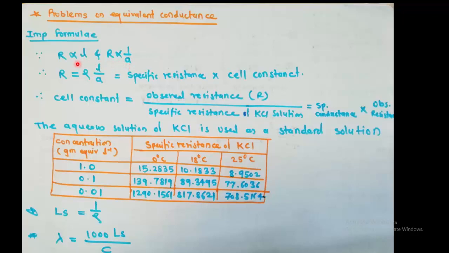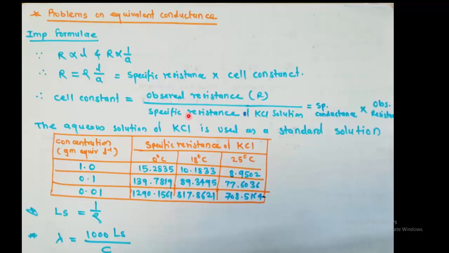If we remove the proportionality sign, then we get resistance is equal to specific resistance into L by A, where L by A is called the cell constant and rho is called the specific resistance. If we rearrange this equation, we get cell constant is equal to observed resistance R upon specific resistance.